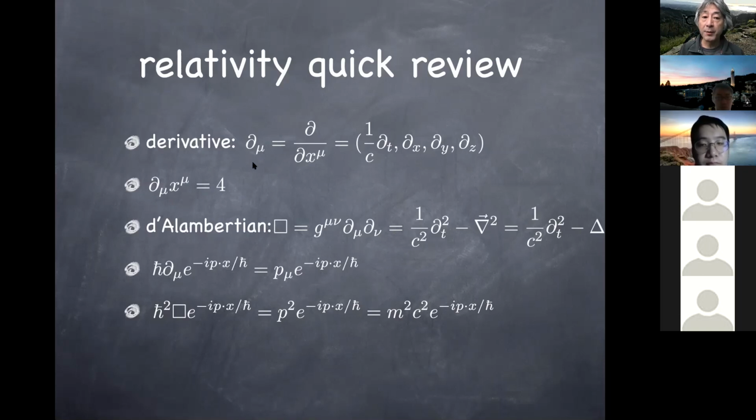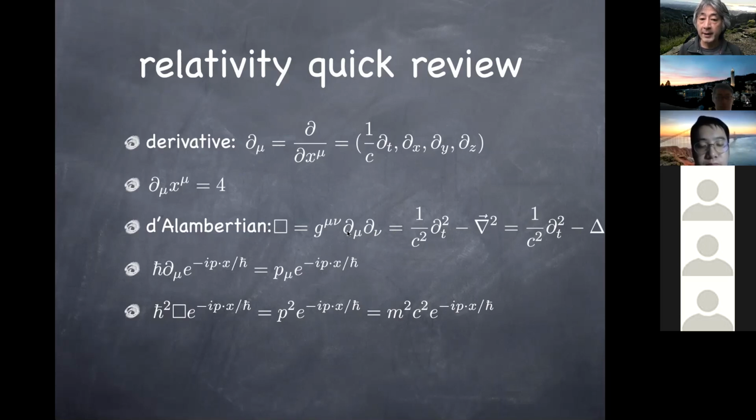So the derivative with respect to an upper index gives you something that behaves as a vector with a lower index. And once you know the vector for the space-time derivative, you can define a Lorentz invariant combination, again by making sure that you contract indices between upper and lower indices.